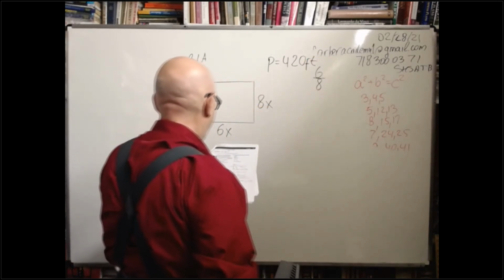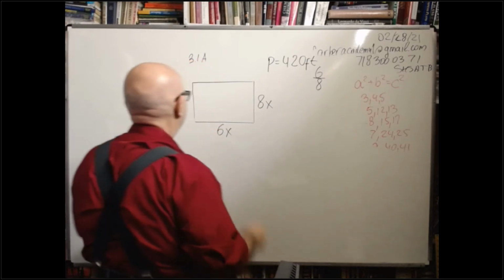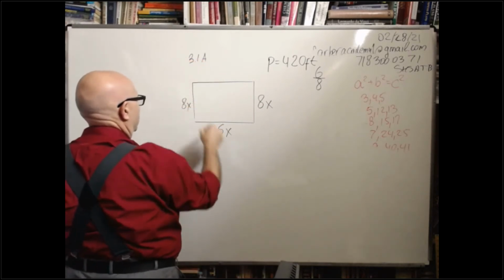They ask you to find the diagonal. So this is 8x, 6x.